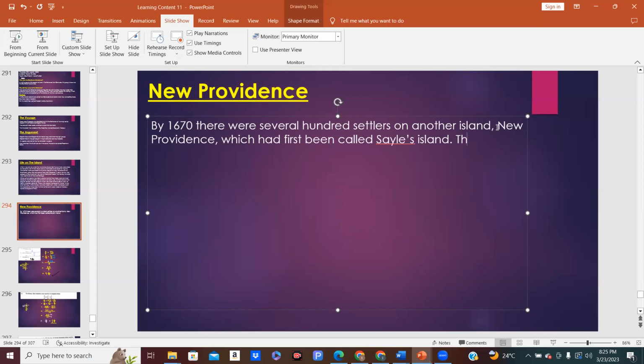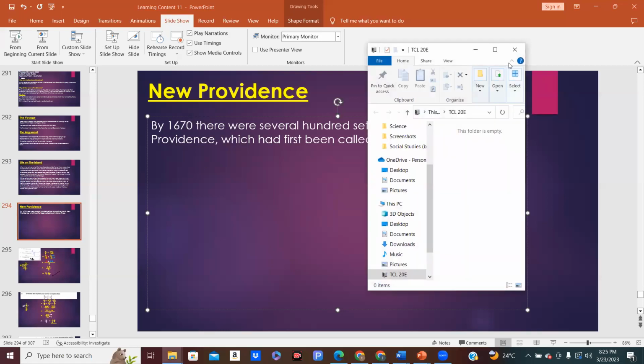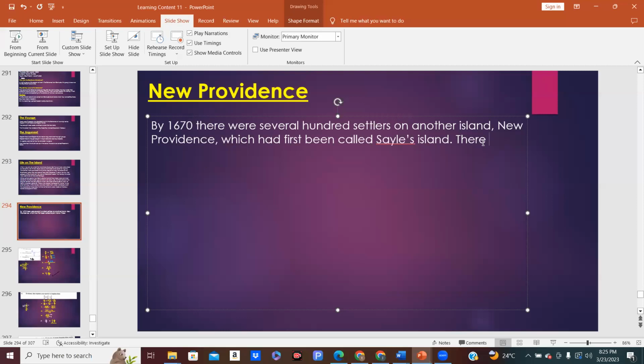But this one was better. This was better than Eleuthera, right? It was a bit better than Eleuthera. There, the early settlers found life somewhat easier than in Eleuthera.